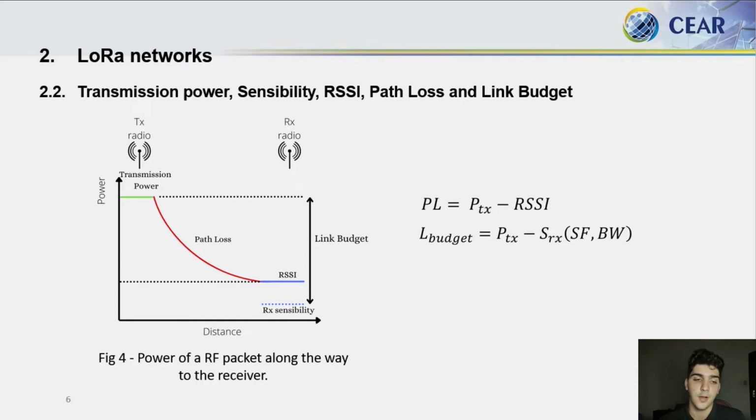The path loss, or PL, is the loss of signal power associated with the package trajectory. Then it can be calculated as the difference between the transmission power and the RSSI of a message. Therefore, for a message to be received, the link budget must be greater than the path loss.